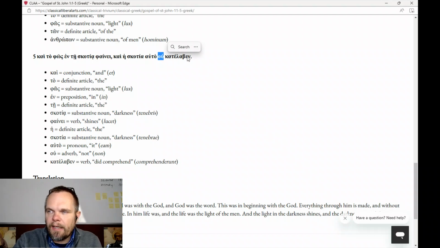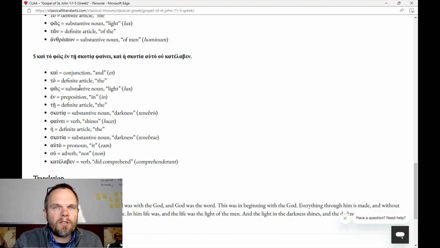Not katelaben. Katelaben, did comprehend. Kai to phos, and the light, en te scotia, in the darkness, phaine, shines. Kai he scotia, and the darkness, auto, it, ou, not, katelaben, did comprehend.